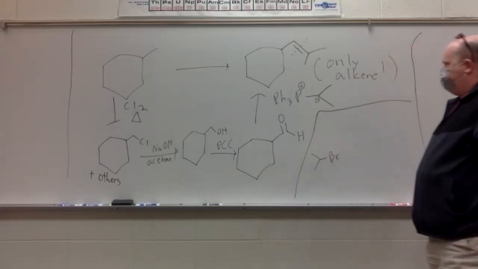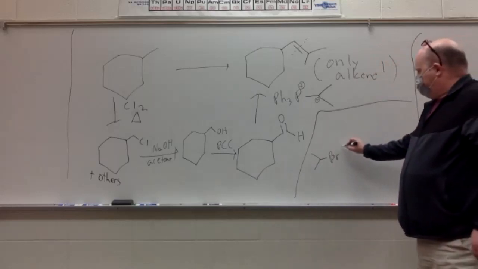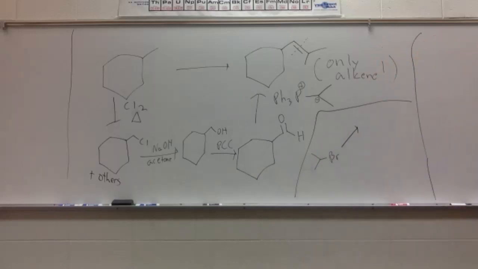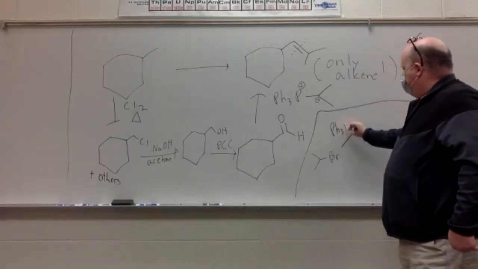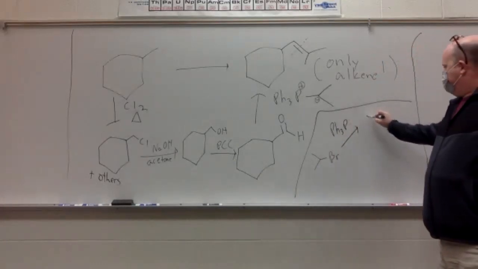It stands to reason that the halide, the halogen, is going to be at the point of attachment. What else do you need? What does the alkyl halide react with? Triphenylphosphine, which is this, right?